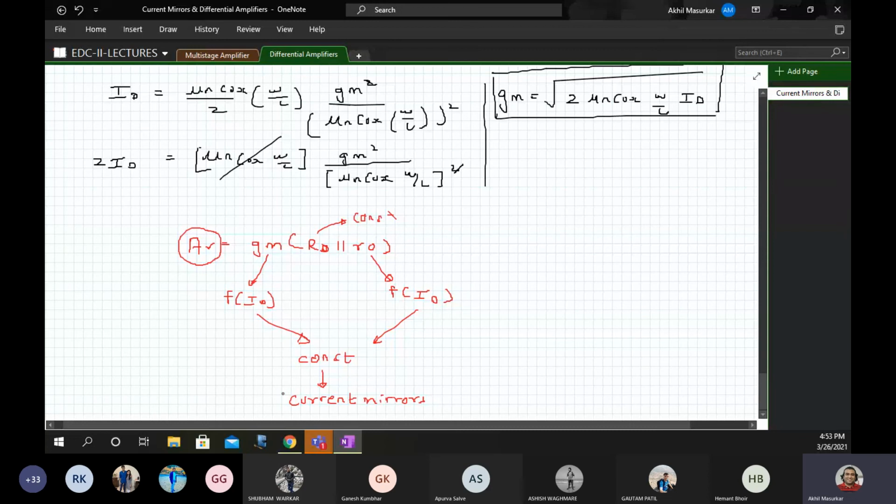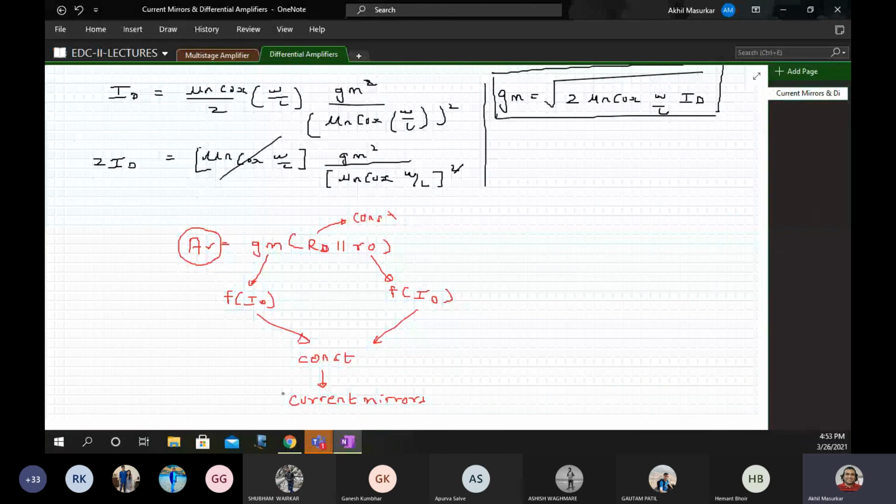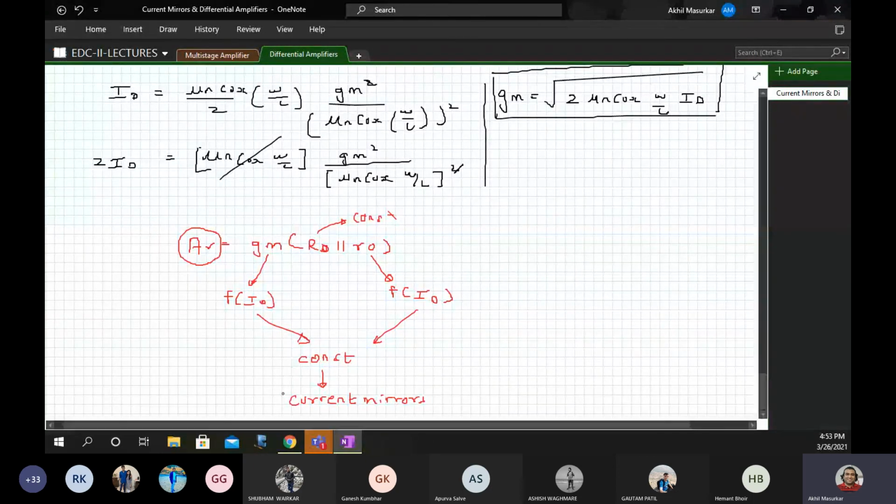I hope I was able to convince you today why there is a need to keep ID constant during amplification as far as the design of the CS amplifier is concerned.